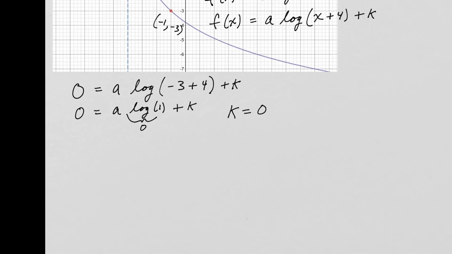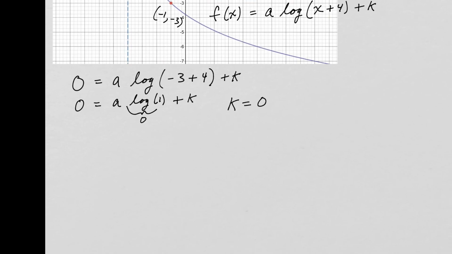If I plug that in, I have negative 3 is equal to a times log of negative 1 plus 4, and then plus k, but k is 0.